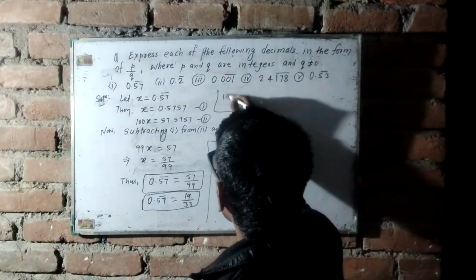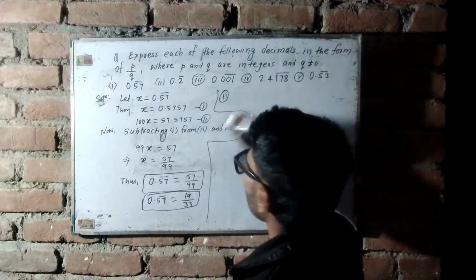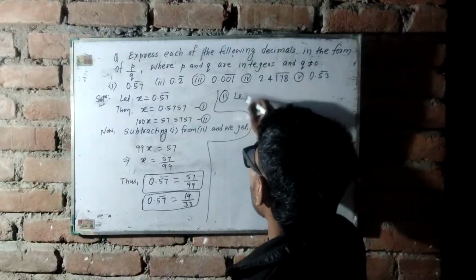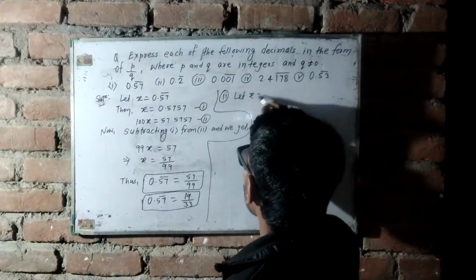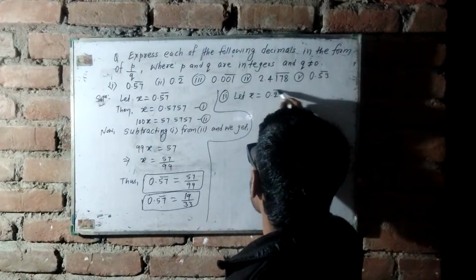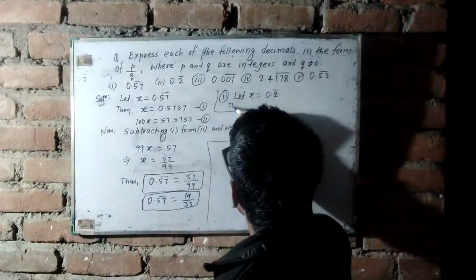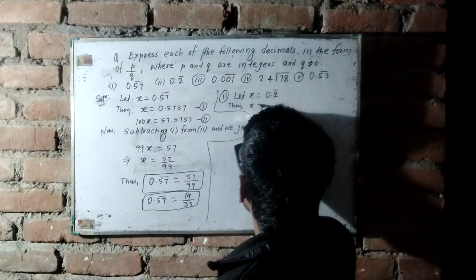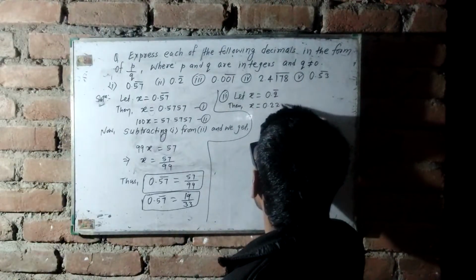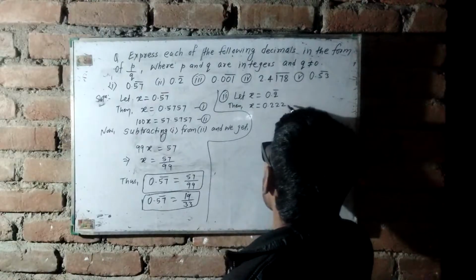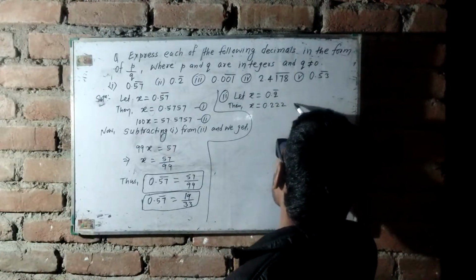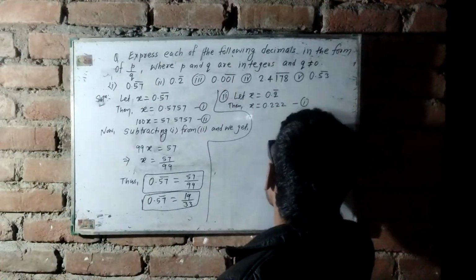Question number second. Have a look, guys. Solution of question number second. Let x be equal to 0.2 repeating. Then we can write x is equal to 0.222. Let this expression be equation first.